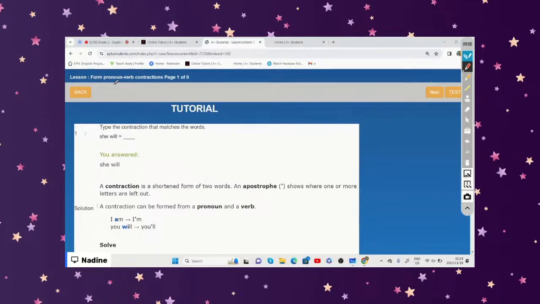What do you think the contraction might be of she will? Can you maybe type it for me? Remember we said that the pronoun stays the same, which will be she, and then we're only going to change the word will.